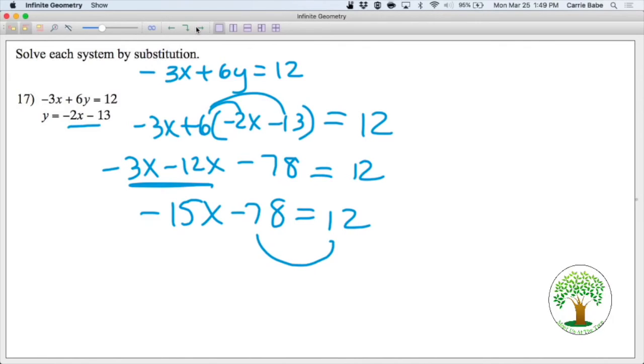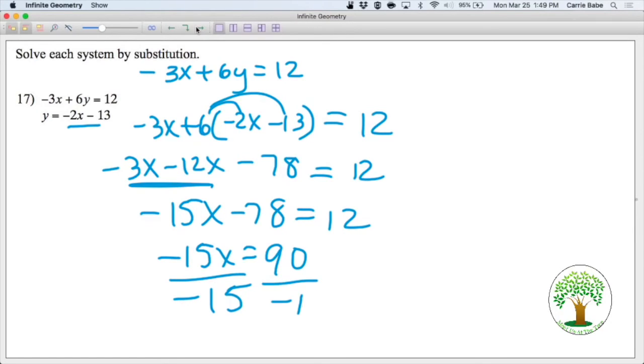I'm going to bring the 78 over, and I will get 90. Then I'm going to divide by the negative 15, and x is going to equal negative 6.